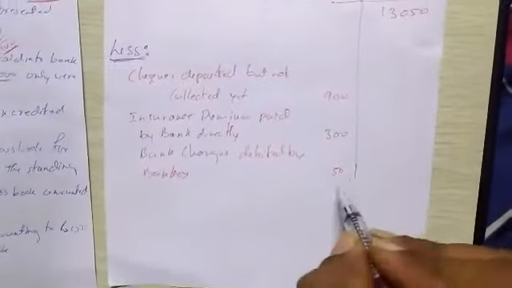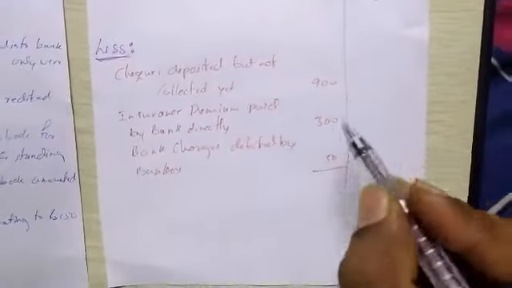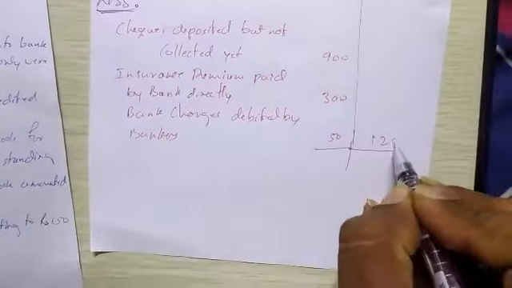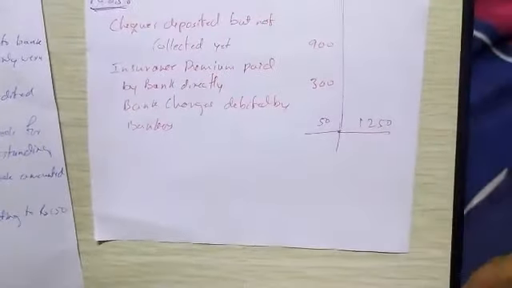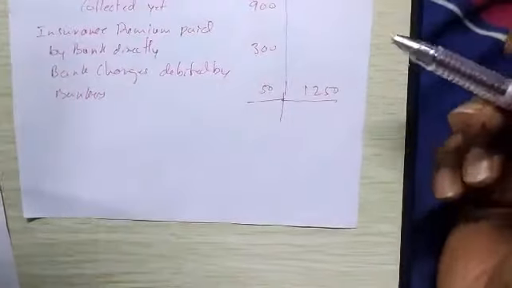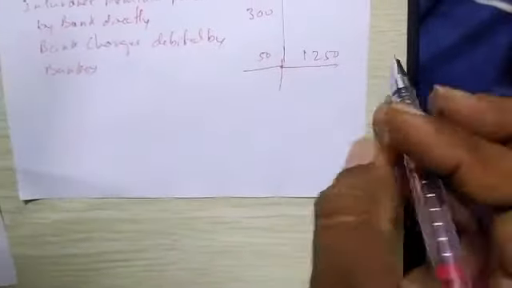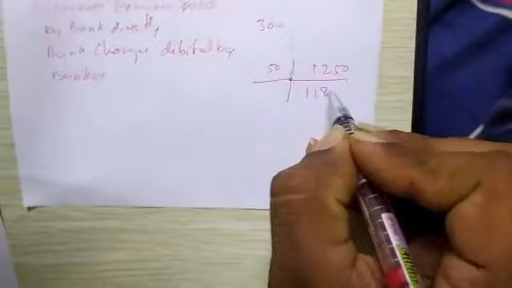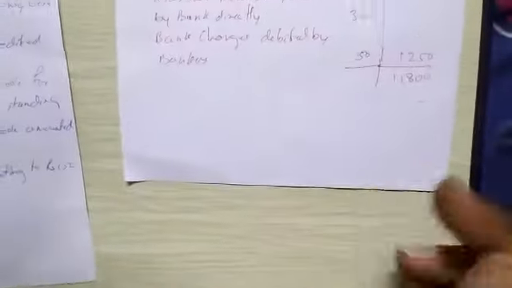Now make the total of the deduct column here: 900 plus 300, 1200, plus 50, 1250. Now make the deduction: 13,050 minus 1250. So we get a balance of 11,800, which is the amount our bank passbook shows.